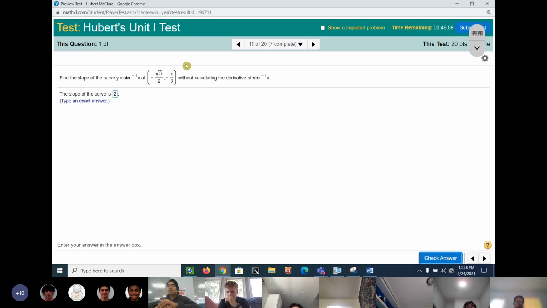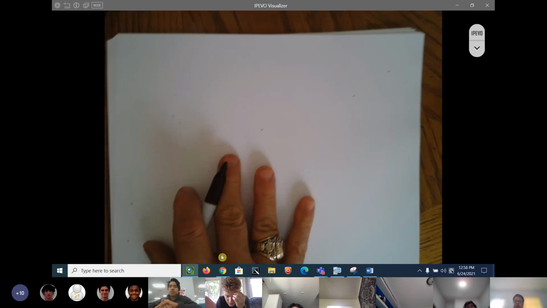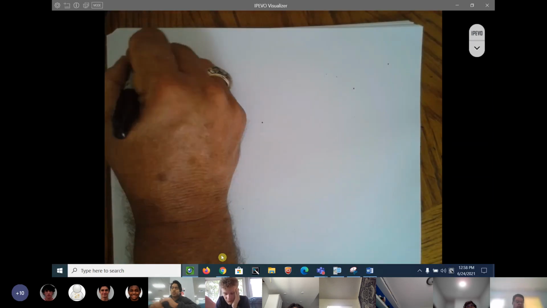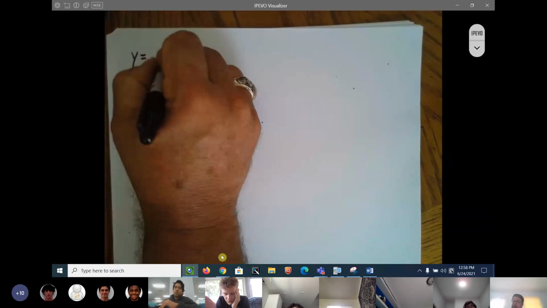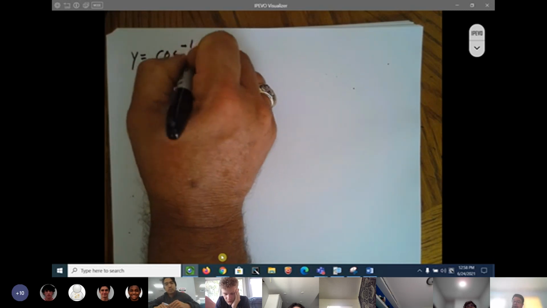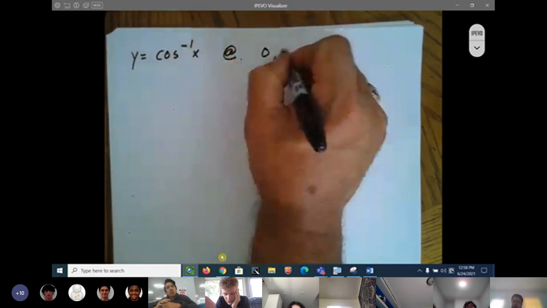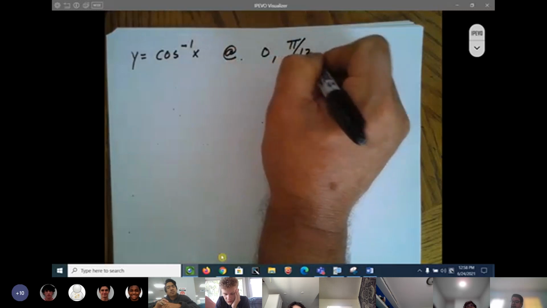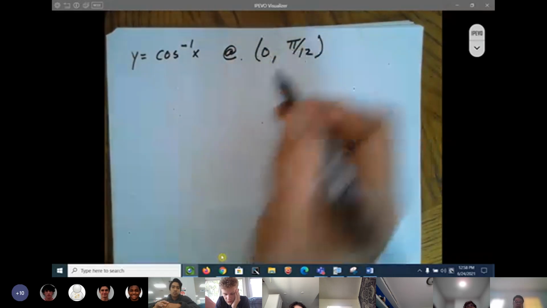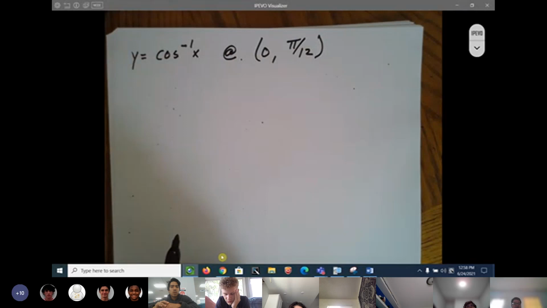The question says y is equal to the inverse cosine of x at 0, pi over 12, and they want you to find it without using derivatives.